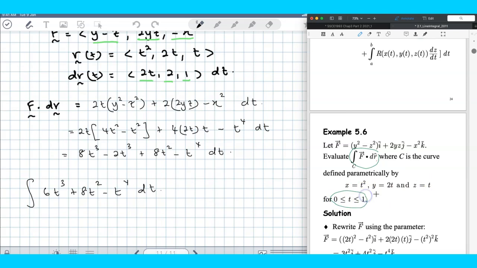If not, you have to find it. So t is from 0 to 1. So now you can see that the line integral for the vector field f dot dr reduces to a common definite integral in terms of t.